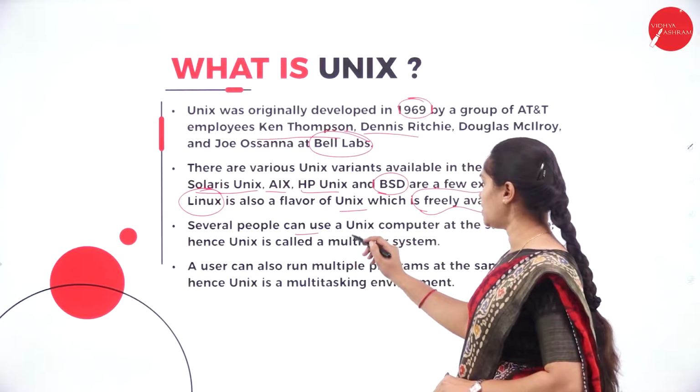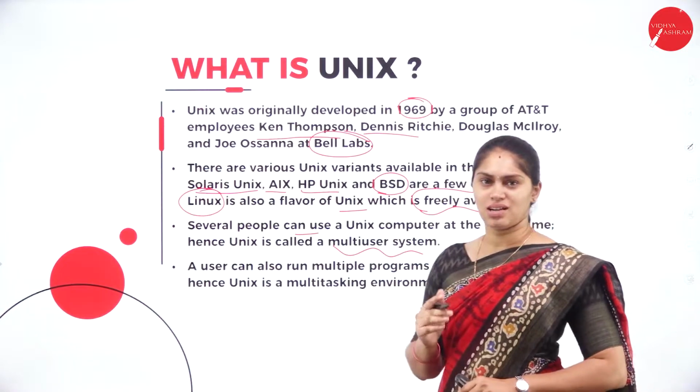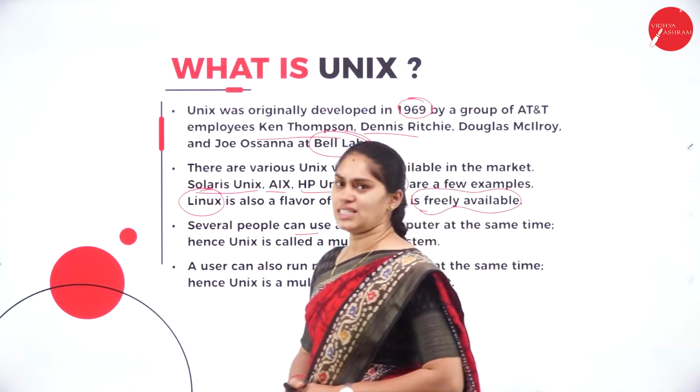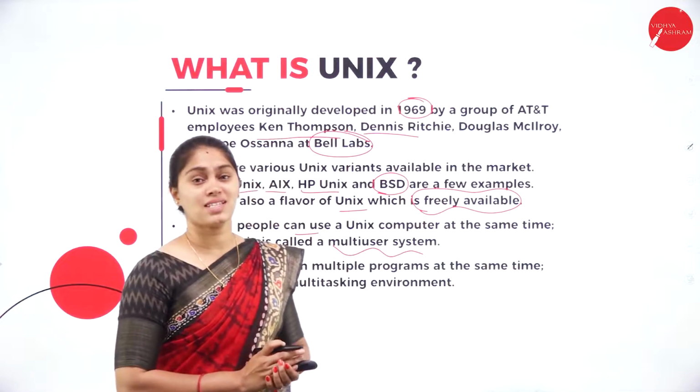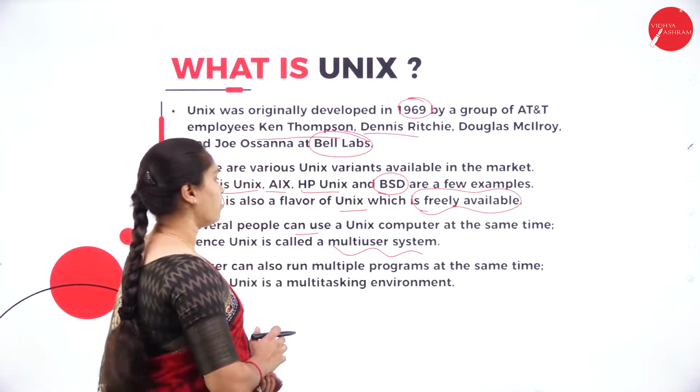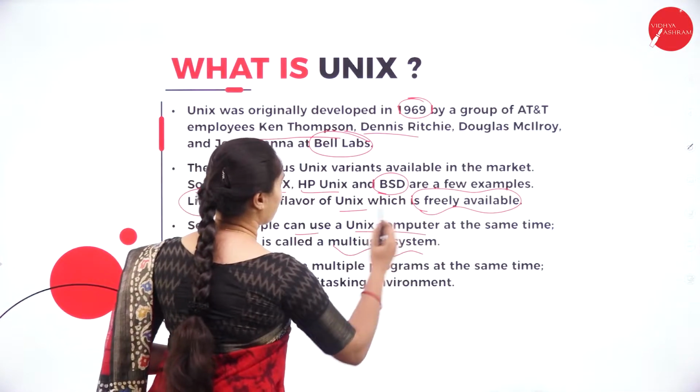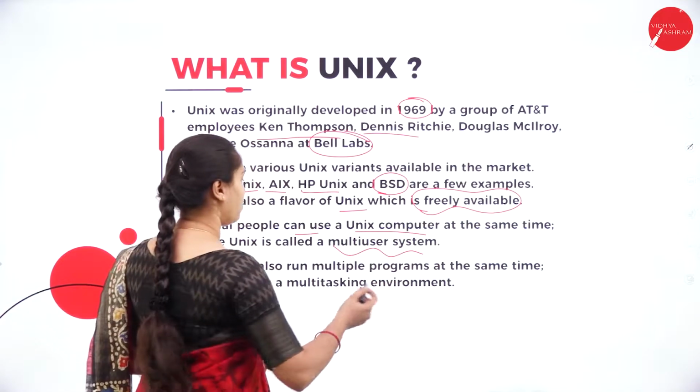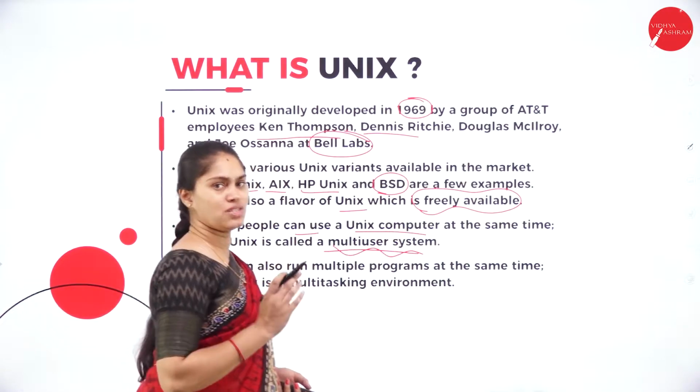We can call Unix a multi-user operating system. Why? Because it is not restricted to a single person at a time. More than one person can use the Unix computer at the same time, so we call it a multi-user system.